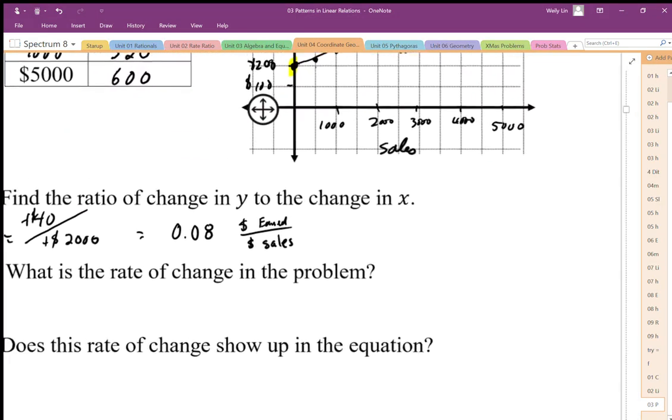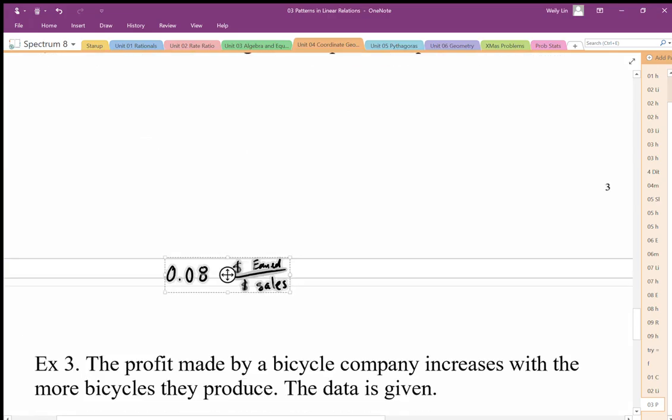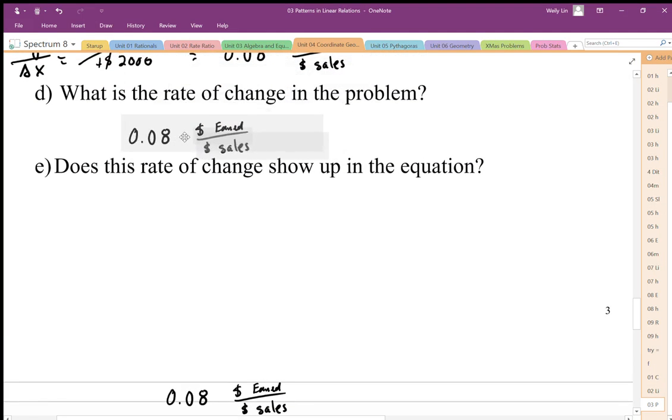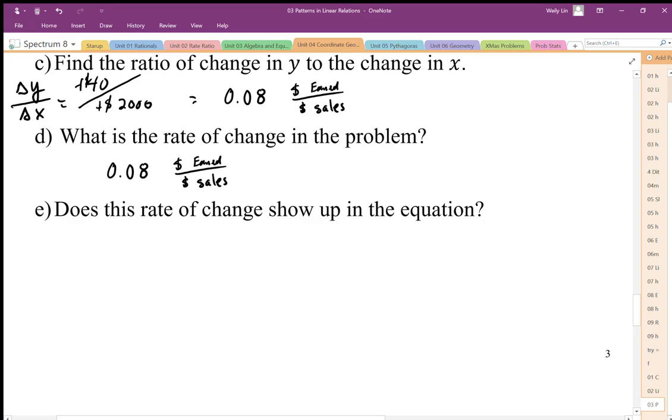So the ratio of change, or the rate of change, is going to be 0.08 dollars earned for every dollar sold. So this is the rate of change in the problem.